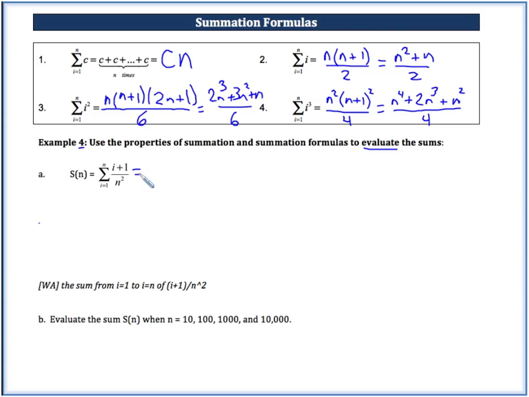So the first thing I want to do is go ahead and factor out my constant. And my constant in this case is going to be my n squared. So I'm going to take out a 1 over n squared here, and then I'm still going to have my sum of i going from 1 to n, and now all I'm left with is i plus 1.